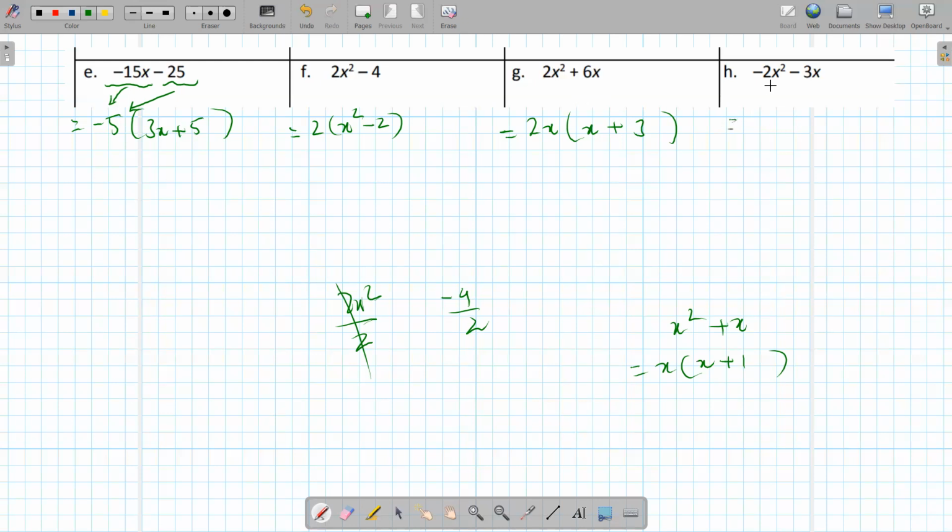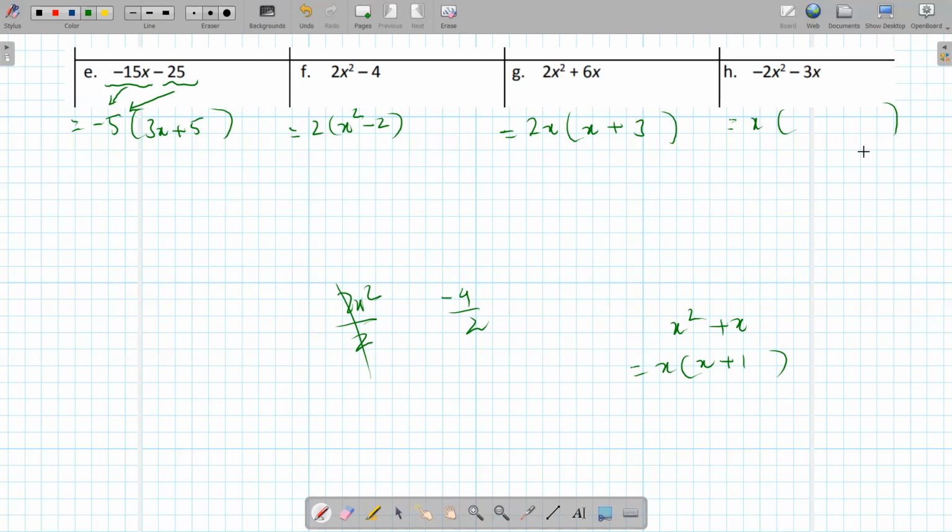The next one, what can we pull out? We can't pull out a 2, because 2 doesn't go into 3. So just an x. What are we left with in the bracket? 2x.